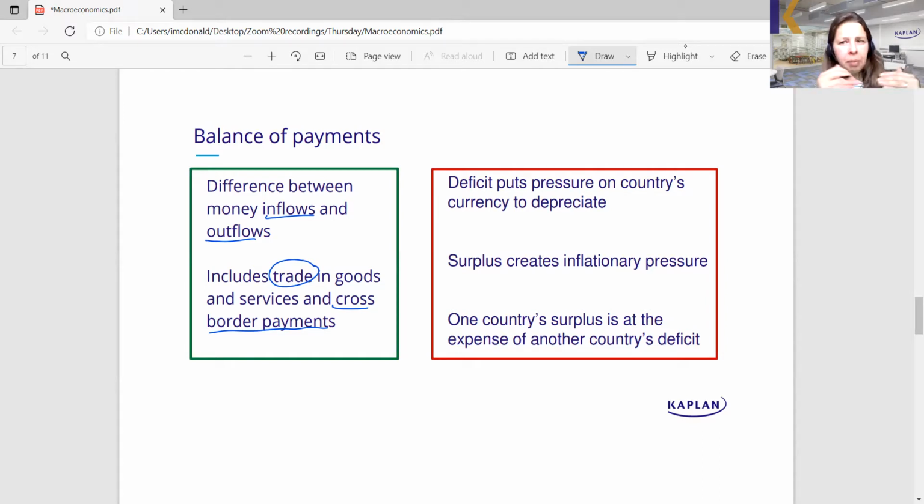It's because if the money inflows and outflows are not equal, it could cause problems with the currency.